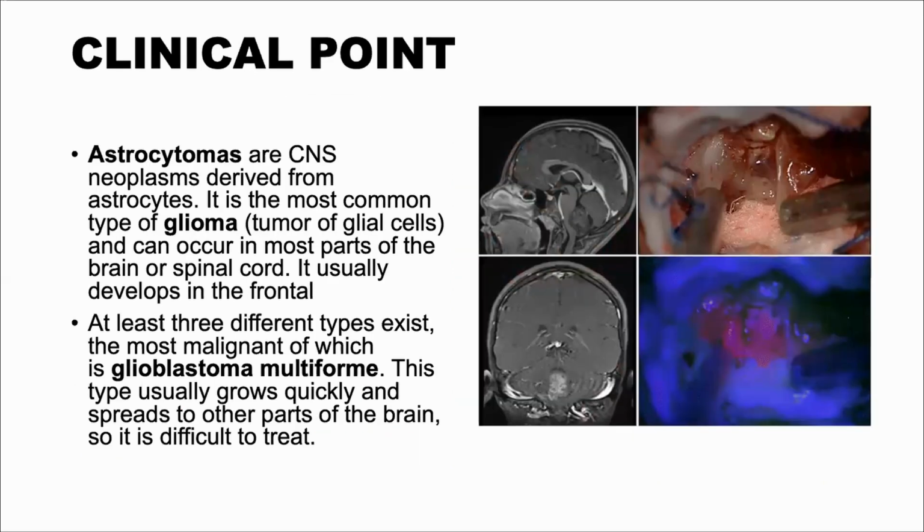So in terms of the clinical point, astrocytes can create tumors. One thing you should know about tumors in the brain or central nervous system or peripheral nervous system, they usually only arise from the glial cells, not from the neuronal cells. So from the glial cells, like ependymal cells, you can have an ependymoma. From the astrocyte, you can have an astrocytoma, for example.